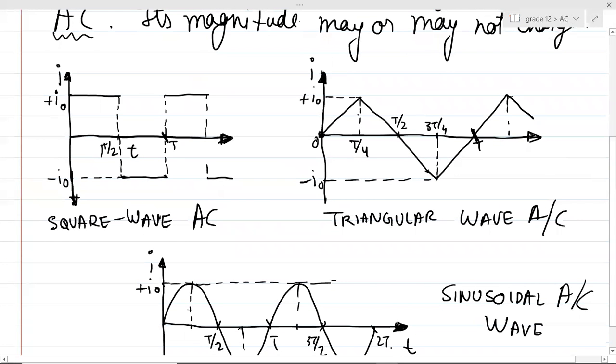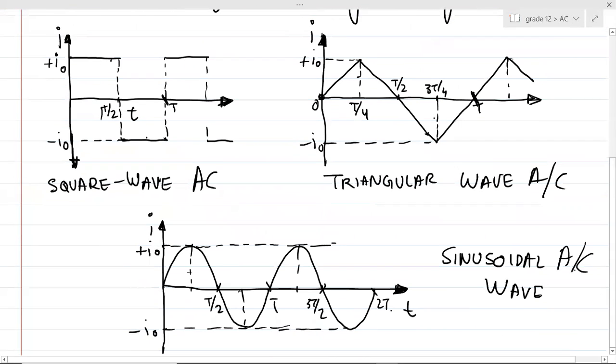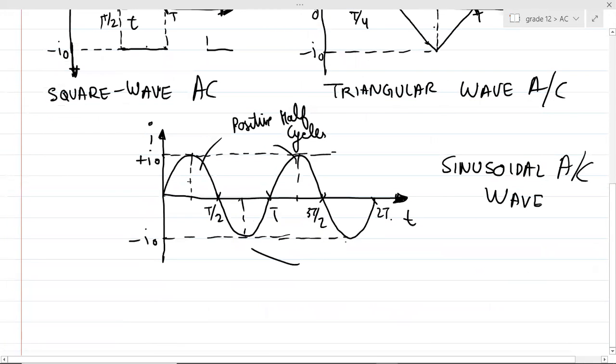Similarly over here as well, positive half cycle, negative half cycle. Please remember these are your positive half cycles. We'll come back to what half cycles and full cycle is, and this is called the negative half cycle.